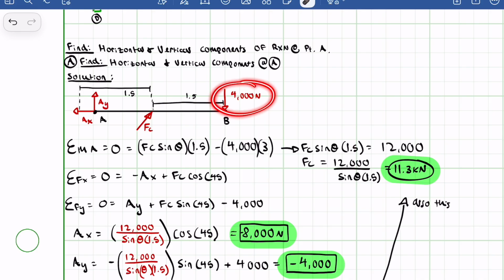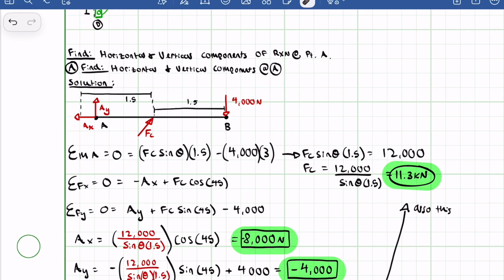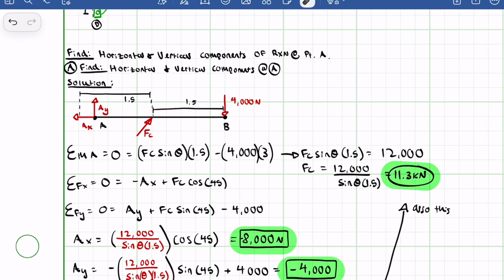Minus 4,000 newtons, which is our given, going down at point B, and then you multiply that by the total length to get your moment from that force, right? In doing so, we essentially made an equation where one of our variables can transfer over into the individual forces, right?